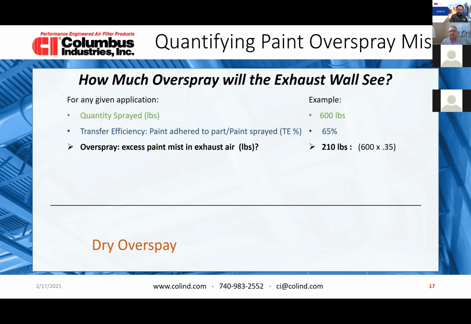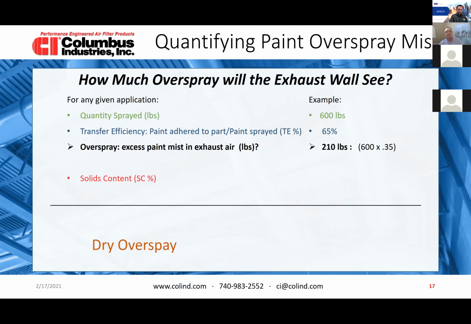But the filter loading is mostly due to the dry overspray, because the overspray is a mist. It's wet, it's got solvents in it, and some water if it's waterborne. With time those solvents are going to go out and the water is going to dry. So the most important is the dry overspray. That's what we're looking for to estimate the capacity of our filter, or what surface area we need.